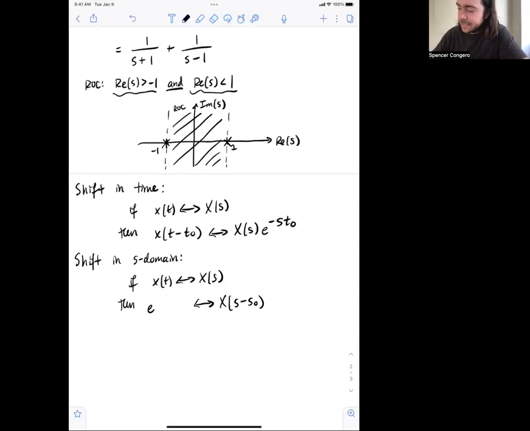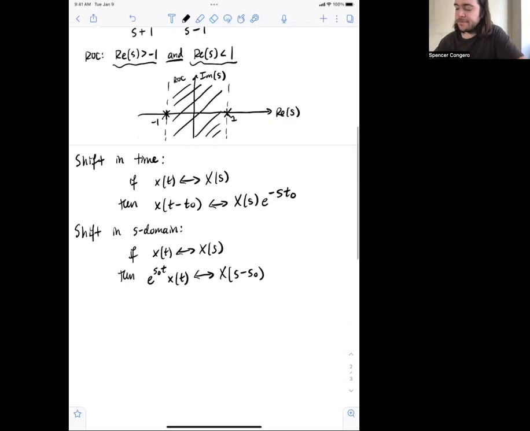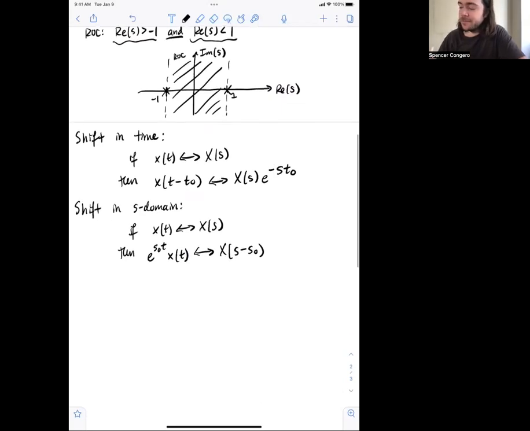Now we're shifting by s naught, so we're just going to get e to the s naught t. And I'm kind of hinting at this, you can match these up with the Fourier transform properties to see the comparison. Okay, how about time scaling?